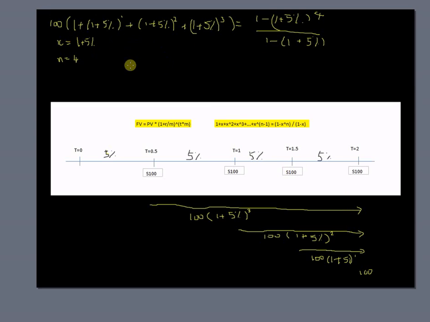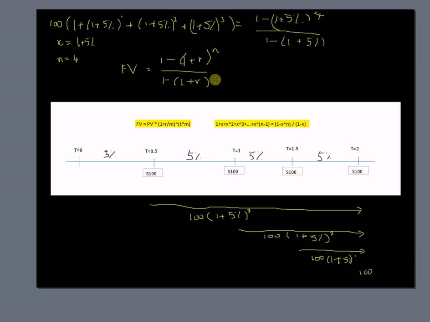Okay, so you can easily write the future value of an annuity as such: 1 minus, this expression is simply 1 plus r, to the power of n, number of periods, divided by 1 minus 1 plus r.